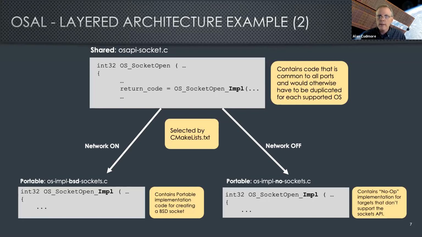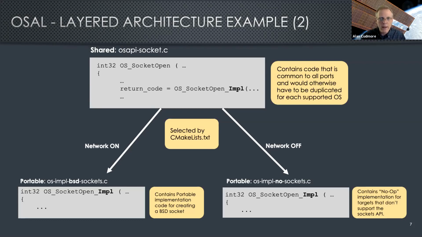And then on the right, we have the no-op implementation, or the no sockets implementation. These files are selected by the CMAKE list file for that particular OS port. So for example, if we don't have network support on our target, we can just select the no sockets implementation file for our port. Or if we have BSD sockets, we can select the BSD sockets implementation.